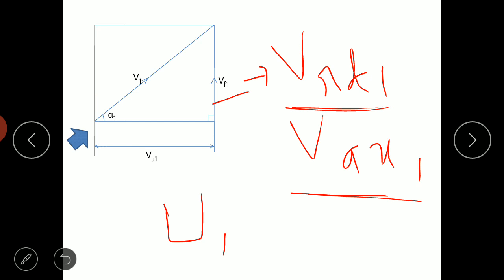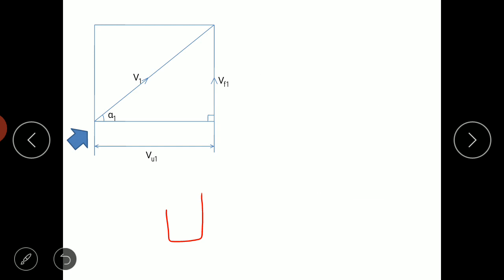But we always have Vu1, or some authors use the symbol Vw1, which is the whirl velocity component or tangential velocity component, which makes the wheel rotate.